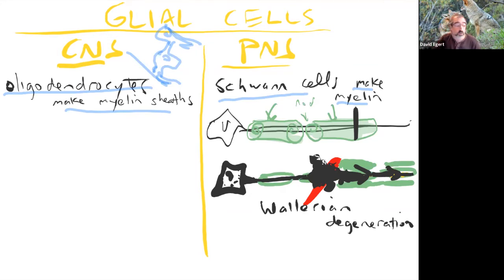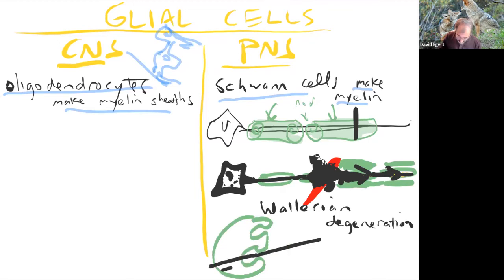Another thing that the Schwann cells do: I talked about how there are axons that are not myelinated if we don't care about the speed. But we still do care about short circuiting, right? If you have two wires that are touching each other, you're going to short circuit. So Schwann cells can play the role of insulators.